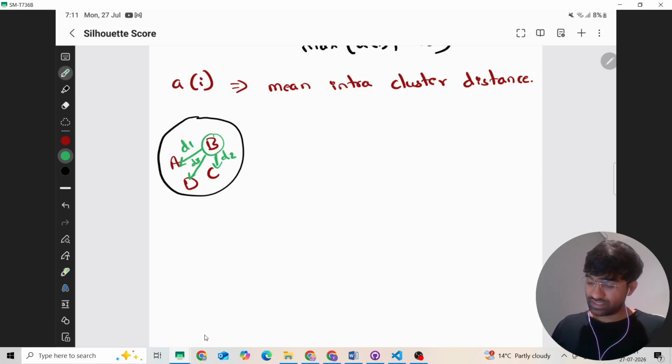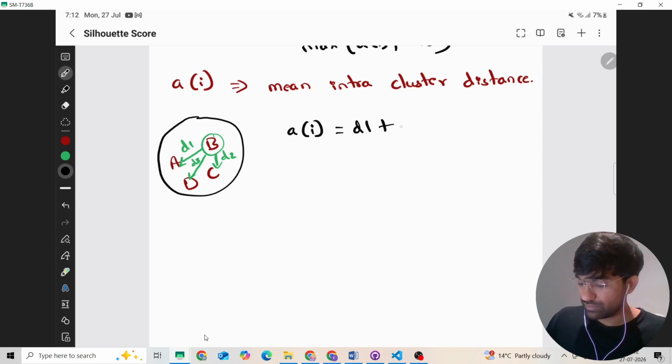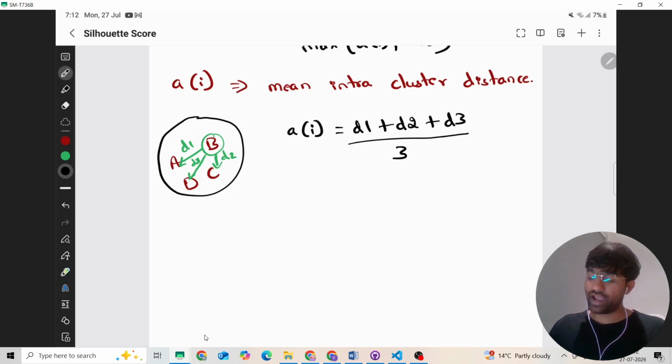This is the intra-cluster distance, that is, the distance between a data point and the other data points in the same cluster. So it will calculate the mean. Then our A of i is equal to D1 plus D2 plus D3 divided by 3. This will be our A of i.